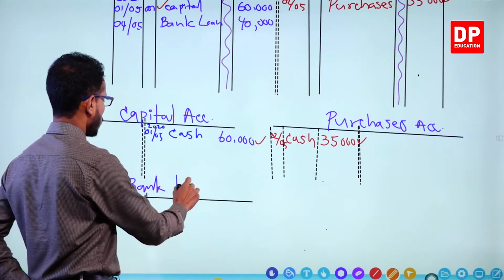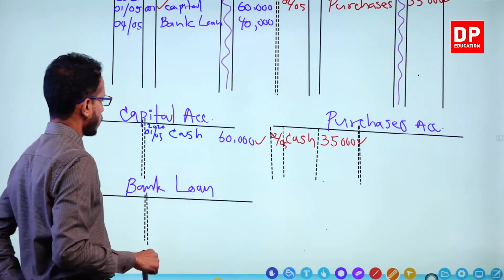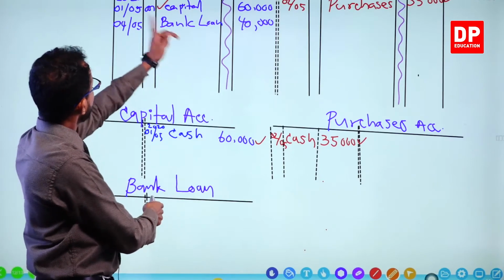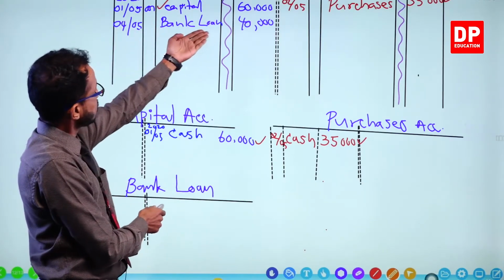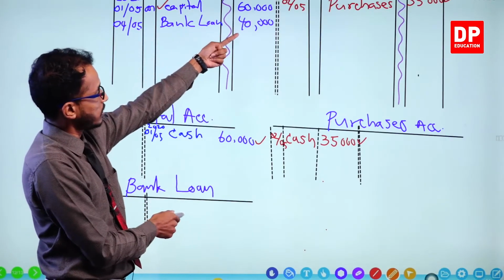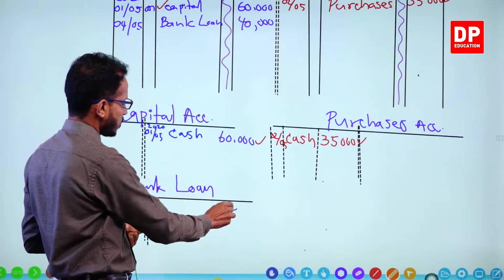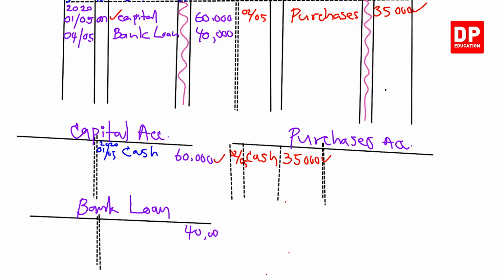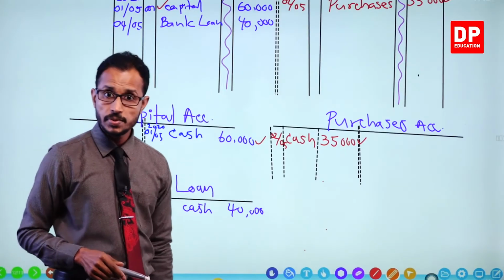If the cash book is debited with the 40,000, the bank loan account should be credited. 40,000. Description is cash. Date, of course, is the same date, 4th May.